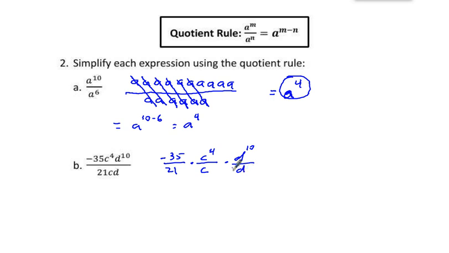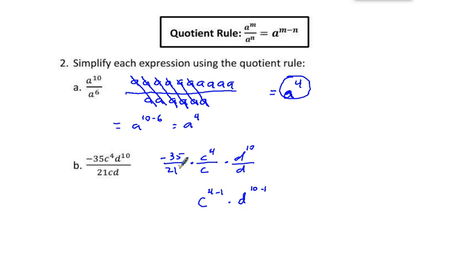Now we can apply the exponent or the quotient rule where the bases are the same. So for C and for D, I'm looking at C to the 4 minus 1 times D to the 10 minus 1. For the coefficients, we're not subtracting 21 from 35. Instead, we'll divide this just as we would have simplified a fraction in the past.